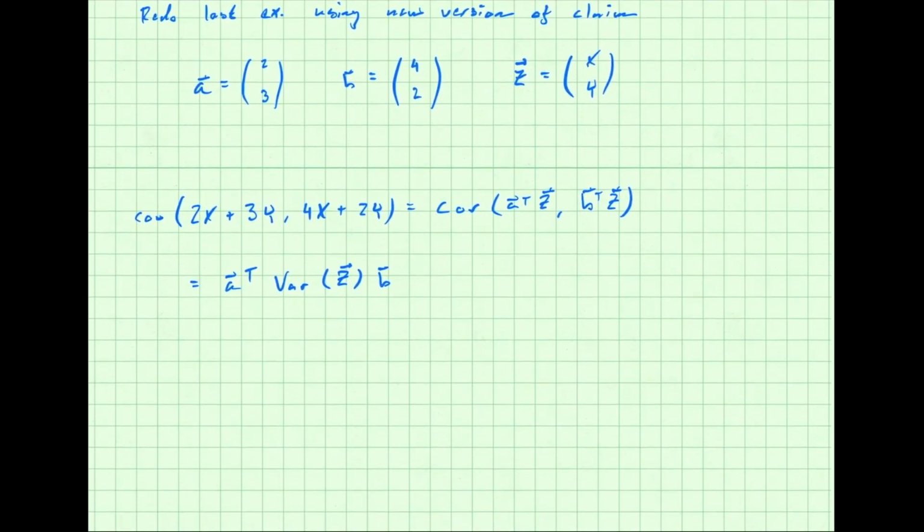Okay, now we can fill those in and you just get a little matrix multiplication problem. 2, 3, that's A transpose. And then this somewhat hideous variance-covariance matrix, 71 over 225, 33 over 50, and the off diagonals are minus 1 over 25.